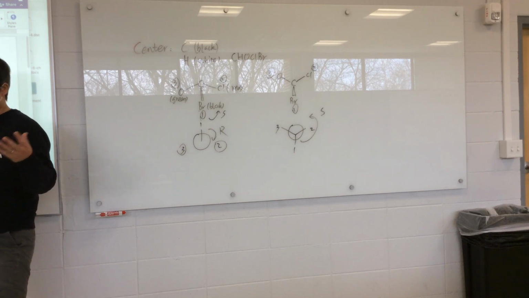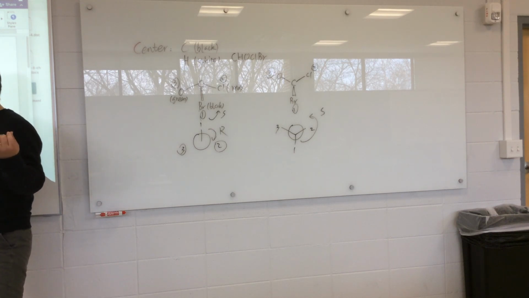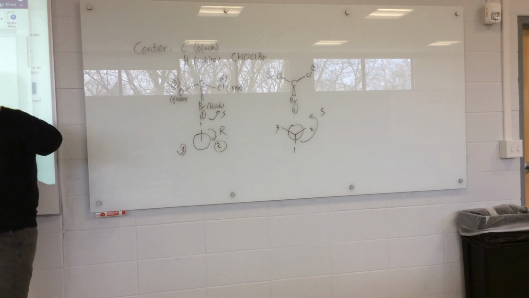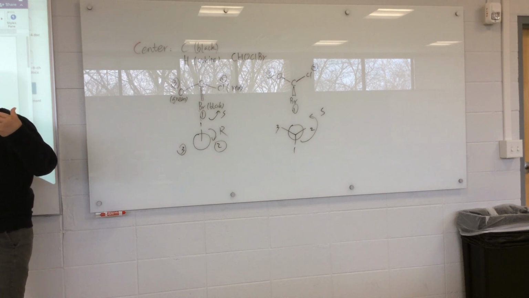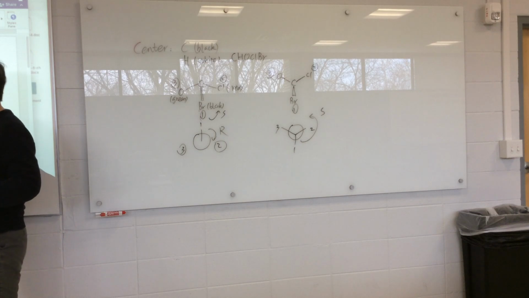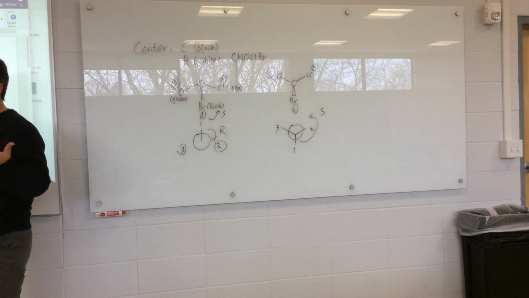This structure cannot be symmetrical. So even though these are S, they cannot cancel because they have different extents of R and S, so they cannot cancel. Only if this is OH, actually even if this is OH it is not symmetrical.